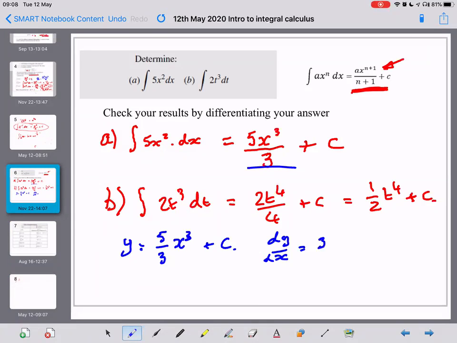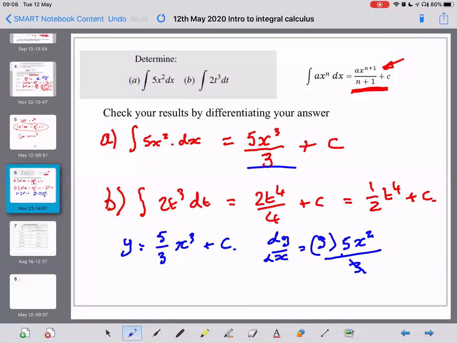So we bring the 3 down and multiply, take 1 off the index, and all that is over 3.